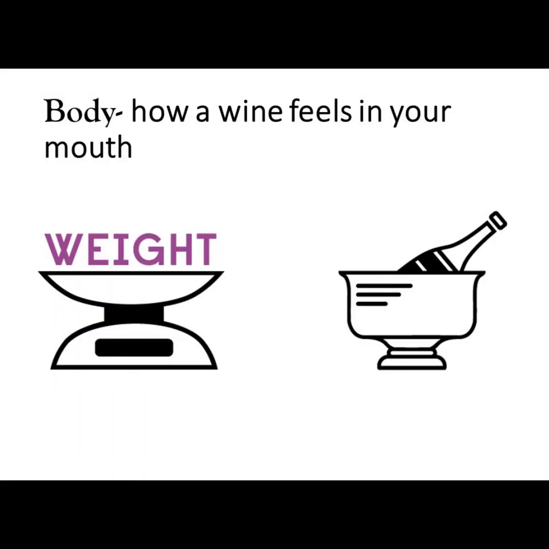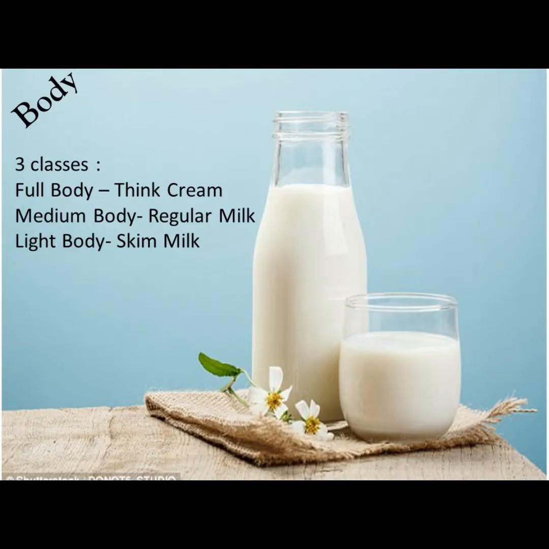Okay, we've come to the fifth and last characteristic of wine that we are here to discuss today, and that is body. Body is really the weight that you feel on your palate of the wine. A good example of how a liquid can have more or less body would be to think of heavy cream, whole milk, and skim milk.